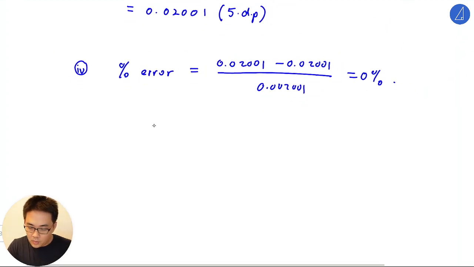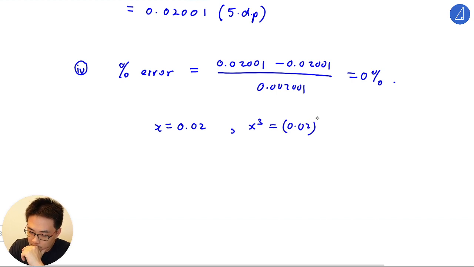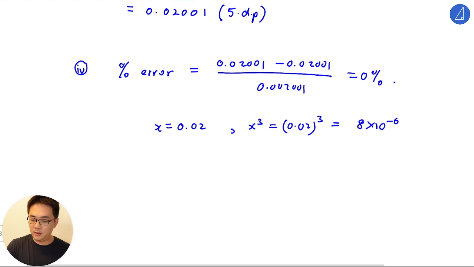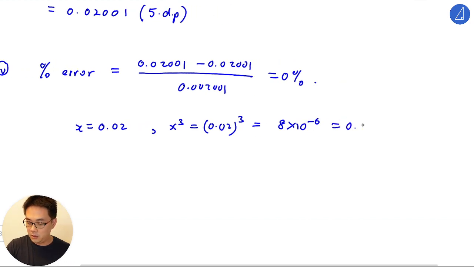When x equals 0.02, x cubed equals 0.02 to the power of 3, which is actually 8 times 10 to the power minus 6. This is actually how many dp? 1, 2, 3, 4, 5, 6. This is 6 dp.